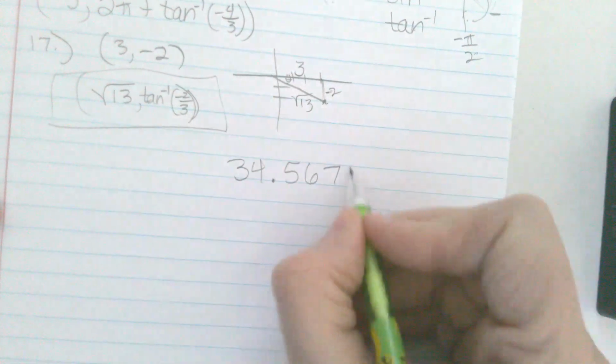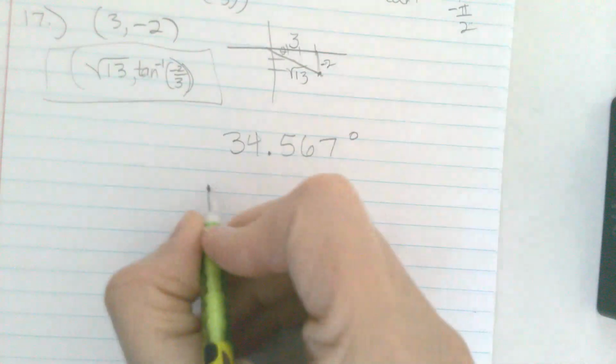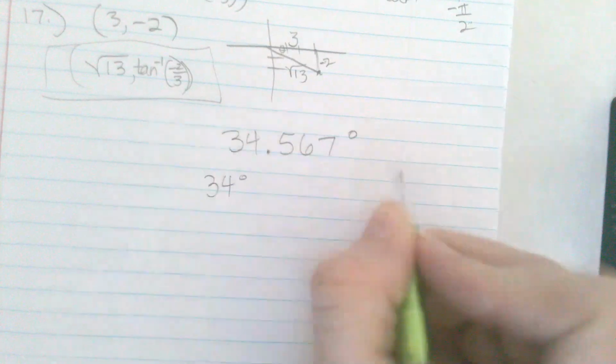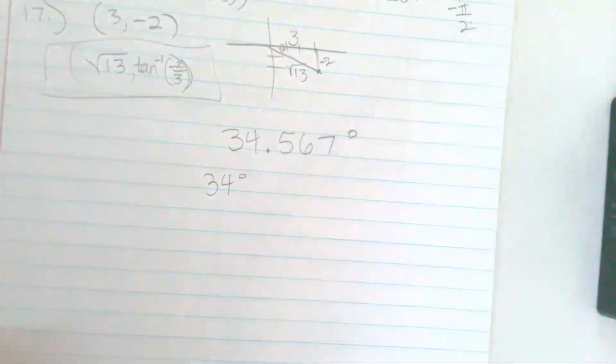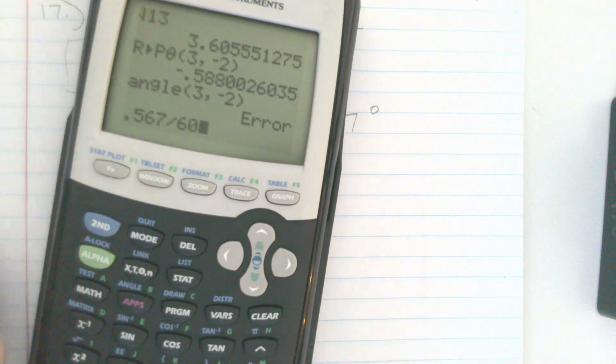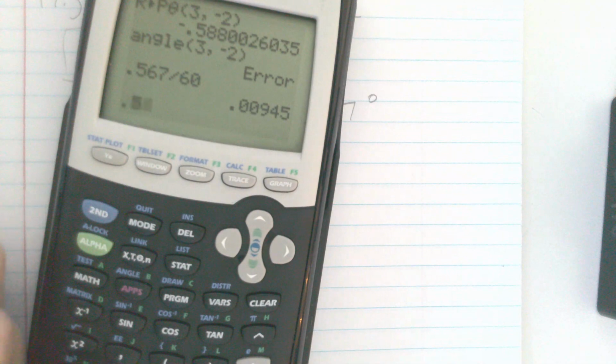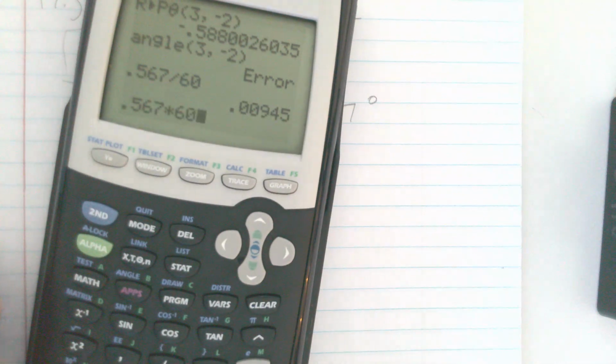34.567. If I said 34.567 degrees, then that's going to be 34 degrees, right? And then I would say 0.567 times 60, not divided by, times, sorry, because there's 60 minutes in 1 degree, just like there's 60 minutes in 1 hour, right?